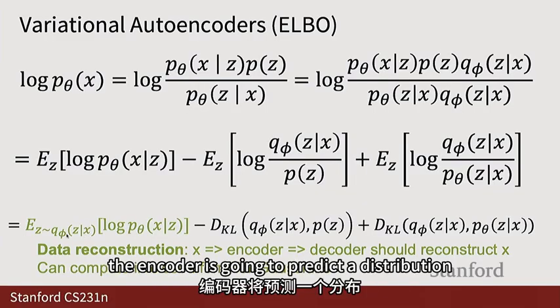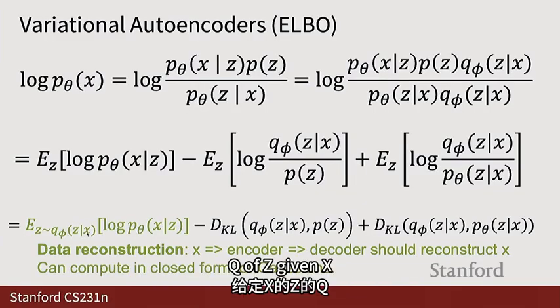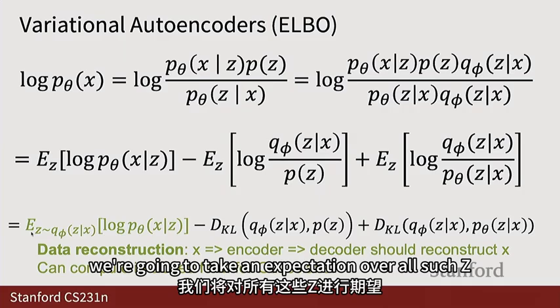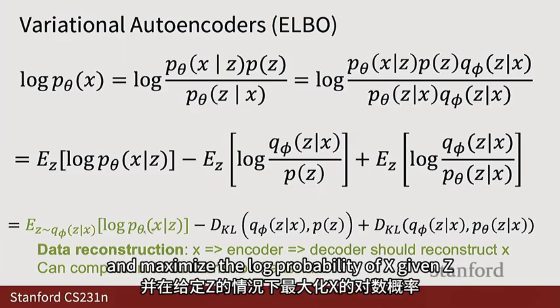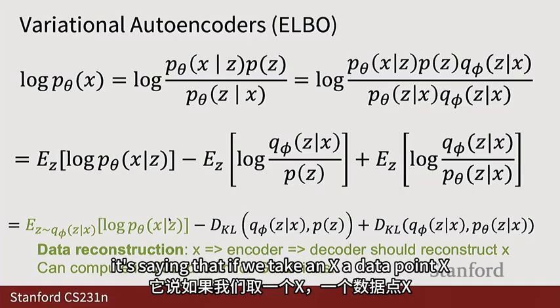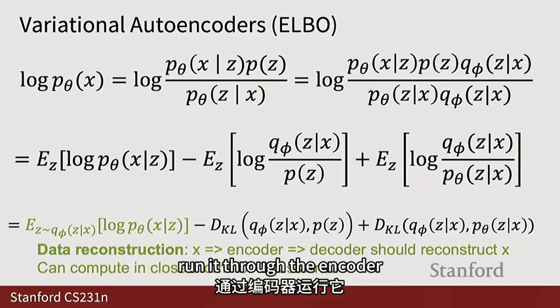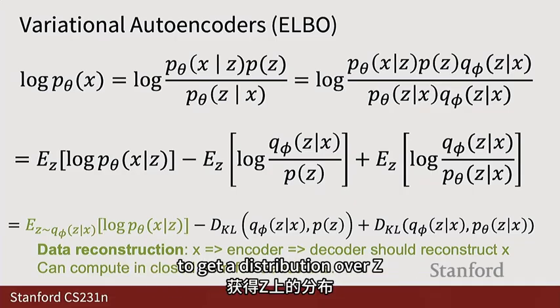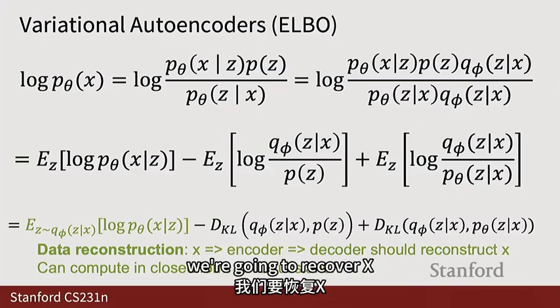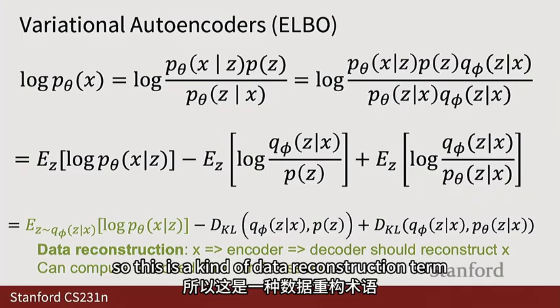The encoder is going to predict a distribution, Q of Z given X. Then from that predicted distribution, we're going to sample a Z. Then we're going to take an expectation over all such Z and maximize the log probability of X given Z. So this is basically a data reconstruction term. It's saying that if we take a data point X, run it through the encoder to get a distribution over Z, and then pass any sample of that predicted distribution over Z into the decoder, we're going to recover X. So this is a kind of data reconstruction term.